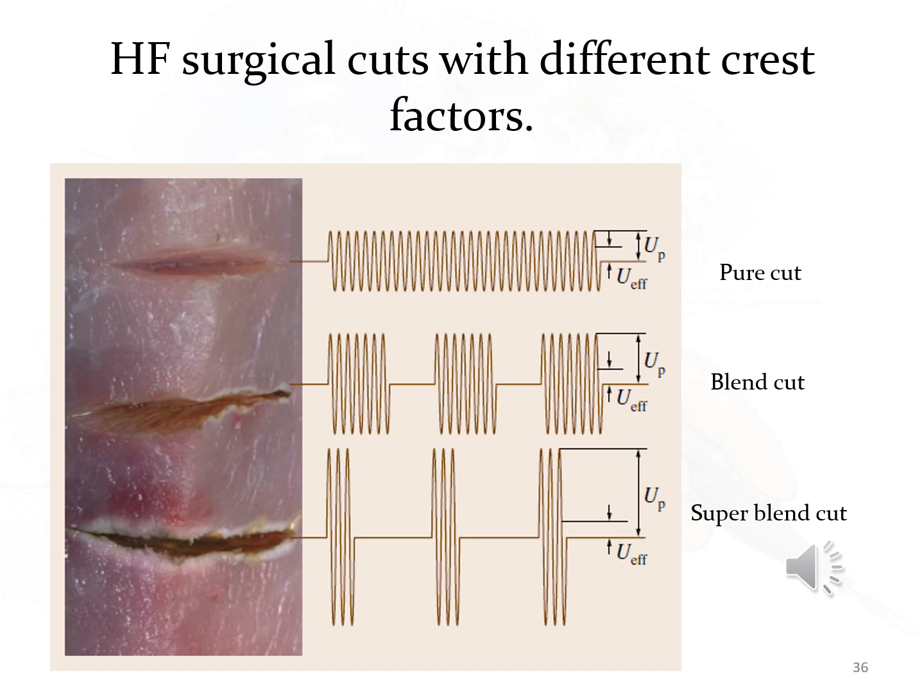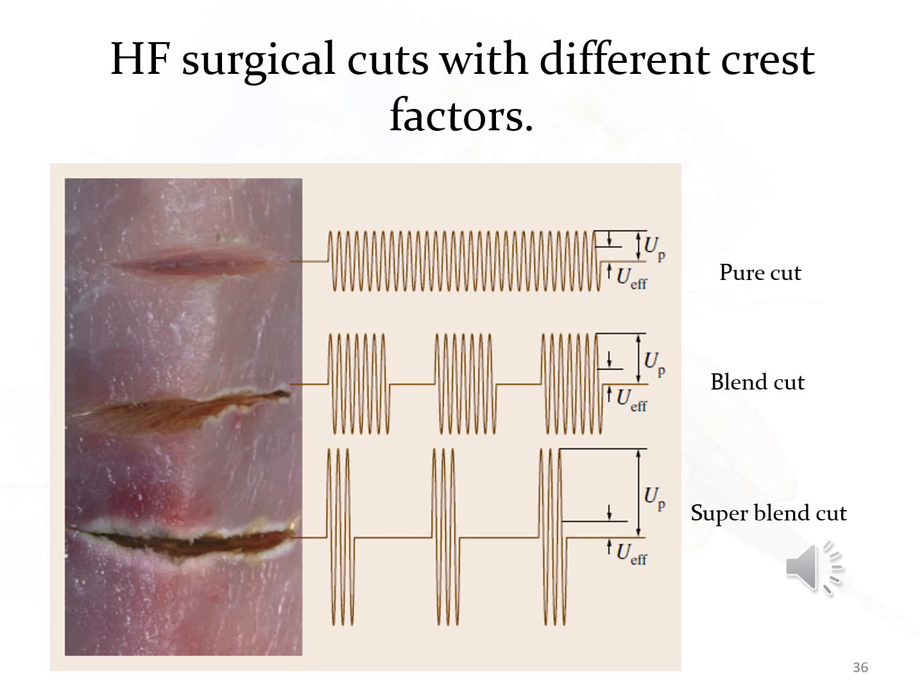Depending on the appearance of the cutting surfaces, a distinction is made between a pure cut and blend cut. For a pure cut, where the cutting surfaces don't show any discoloration as a result of the heat effect, a high-frequency current with a crest factor of 1.4 is used.